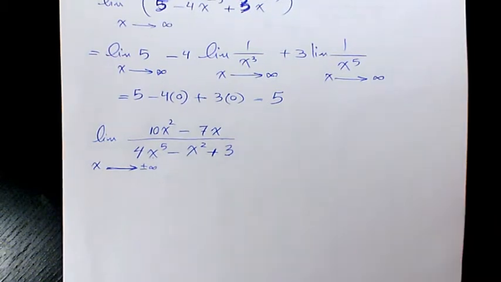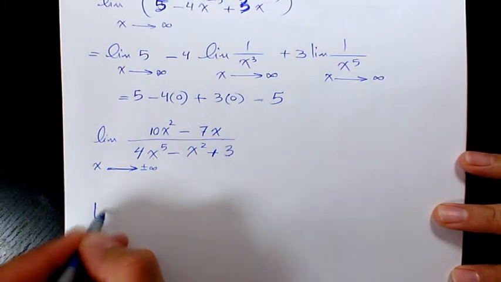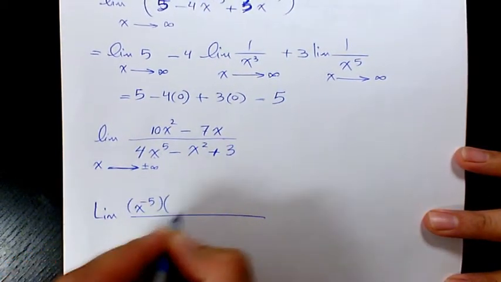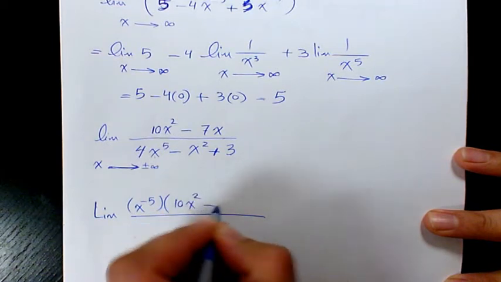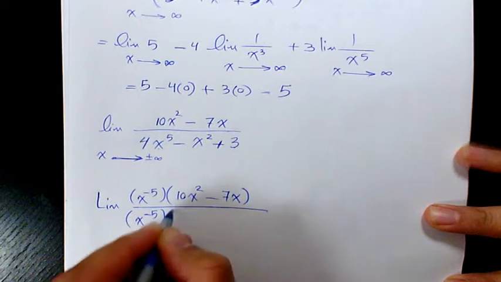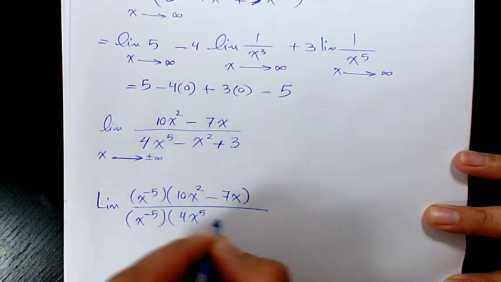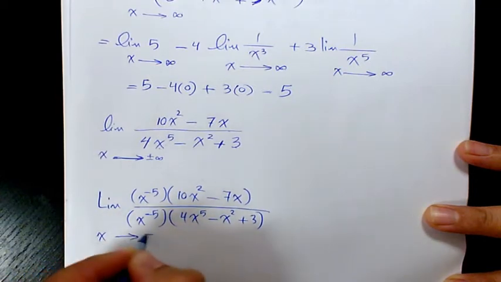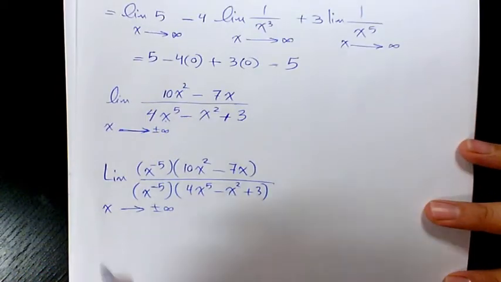So we need to multiply both numerator and denominator by x to the power of negative 5. So that's going to be a limit of x to the power of negative 5 times 10x squared minus 7x, and here x to the power of negative 5, 4x to the power of 5 minus x squared plus 3 when x is approaching positive infinity or negative infinity.